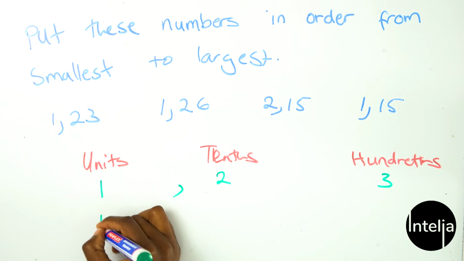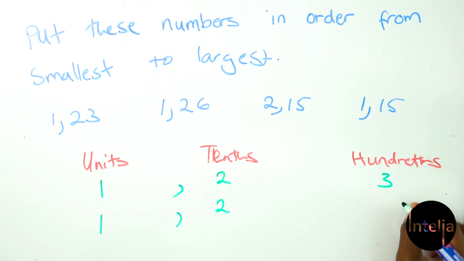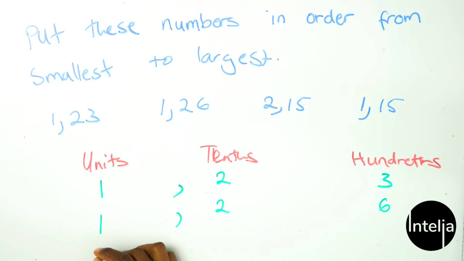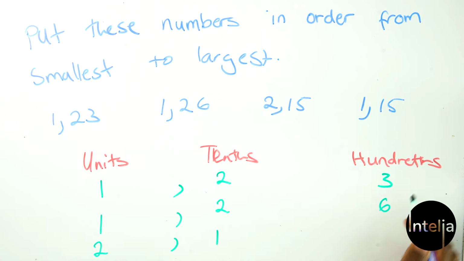You write 1, comma, 2 in the tens, and the hundreds is 6. The next one is 2, then you put your comma, the tens is 1 and the hundreds is 5. And the last one is 1, comma, the tens is 1, and the hundreds is 5.